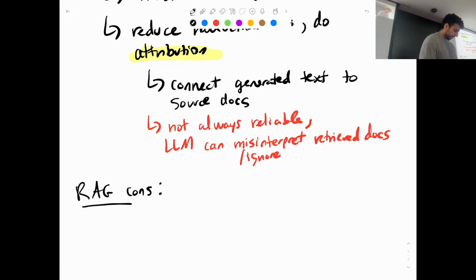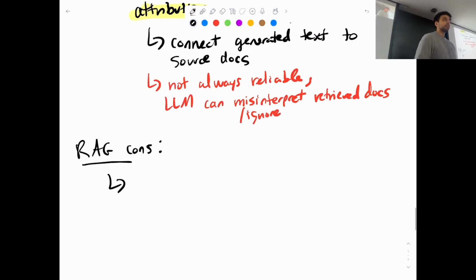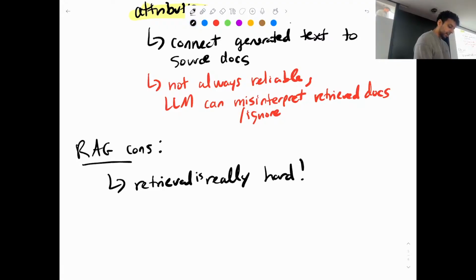So probably the most important failure mode of RAG is that retrieval is just really hard. It's easy in certain cases, right? Like in this ERIB example, if I have any documents in my data store that mention the ERIB and UMD, it's probably relevant to answering this question.